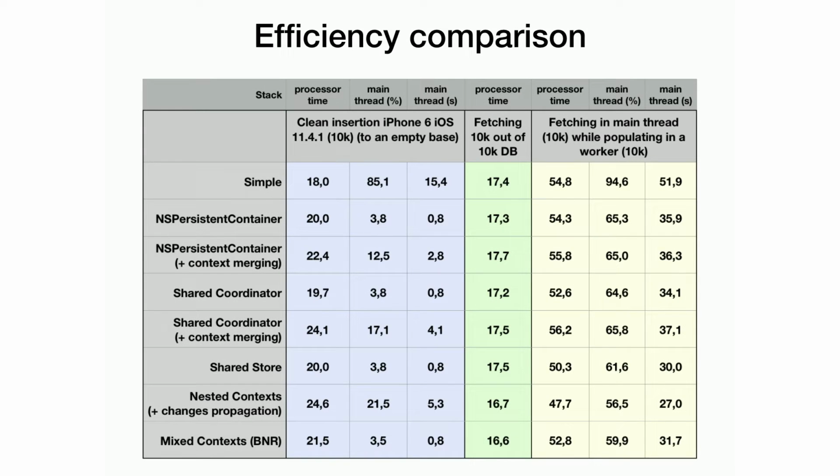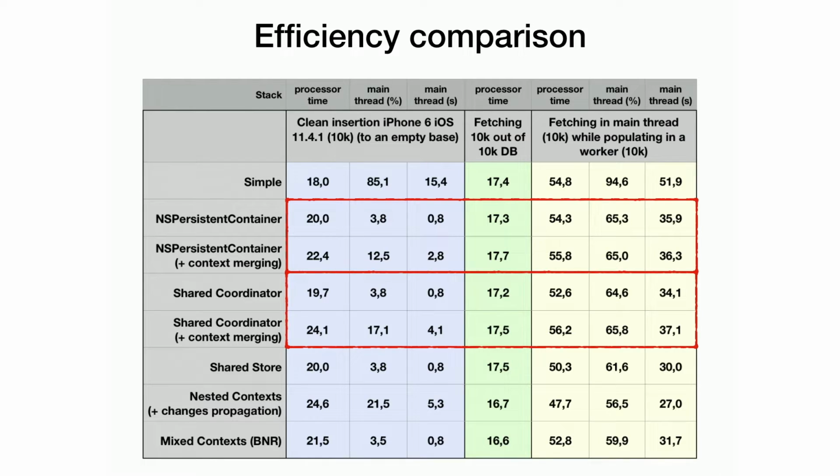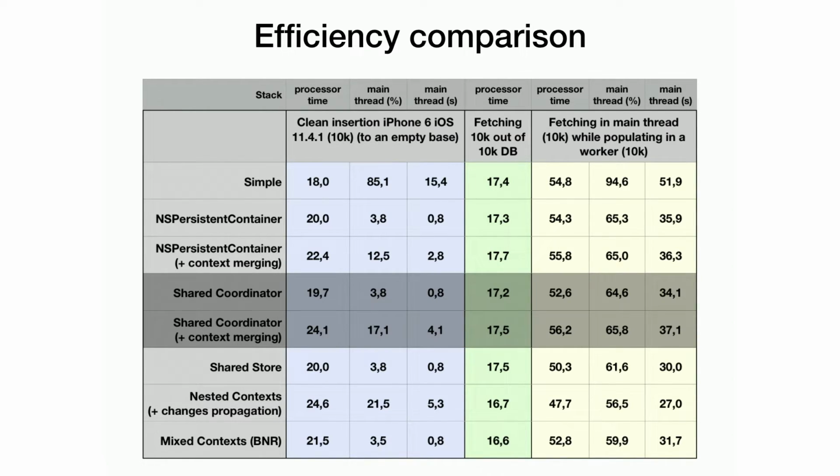To see the difference even better, I made some benchmarks. Here we have NSPersistentContainer and shared coordinator, which are basically the same model. I just wanted to compare them with each other, and you can see that the results are more or less the same. So let's forget about shared coordinator and pick NSPersistentContainer as a representative of this model.